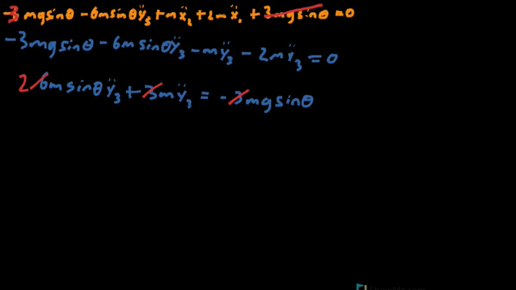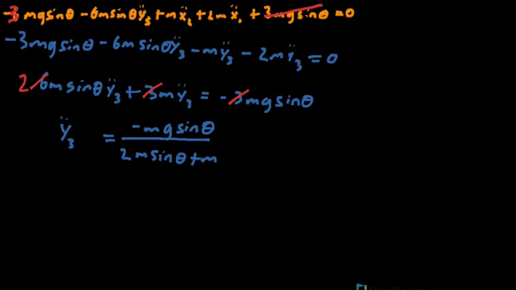And so if we factor out a y3 double dot from the left-hand side, and then divide the right-hand side by what remains, we have y3 double dot is equal to minus mg sine theta over the remains after factoring out, which is going to be 2m sine theta plus m.